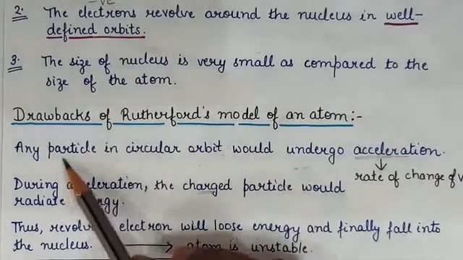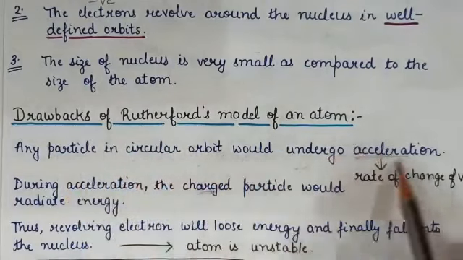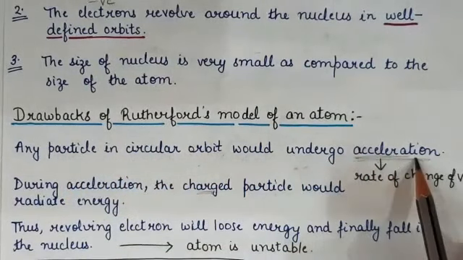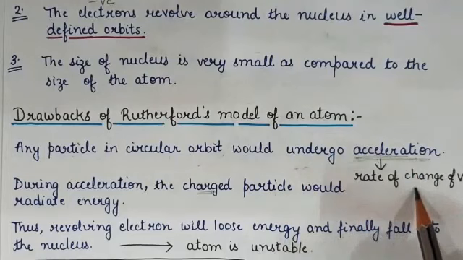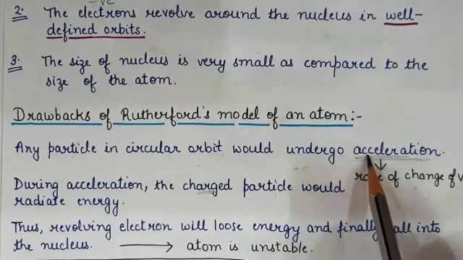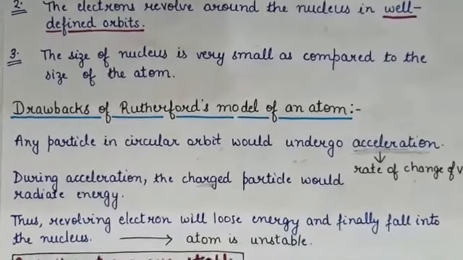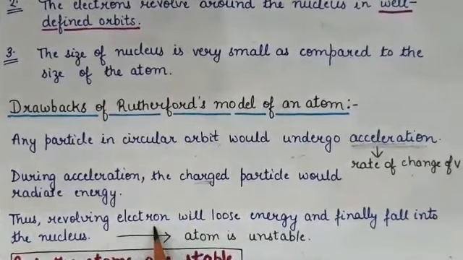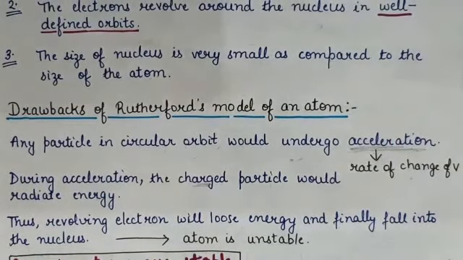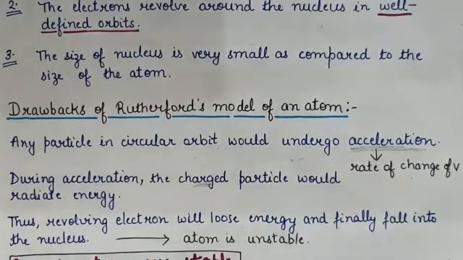So, any particle in circular orbit would undergo acceleration. Acceleration means rate of change of velocity. And during this acceleration, that charged particle would radiate, it would release energy. So the revolving electron will lose energy and finally it will fall into the nucleus. And if it falls inside the nucleus, it means the atom is unstable.